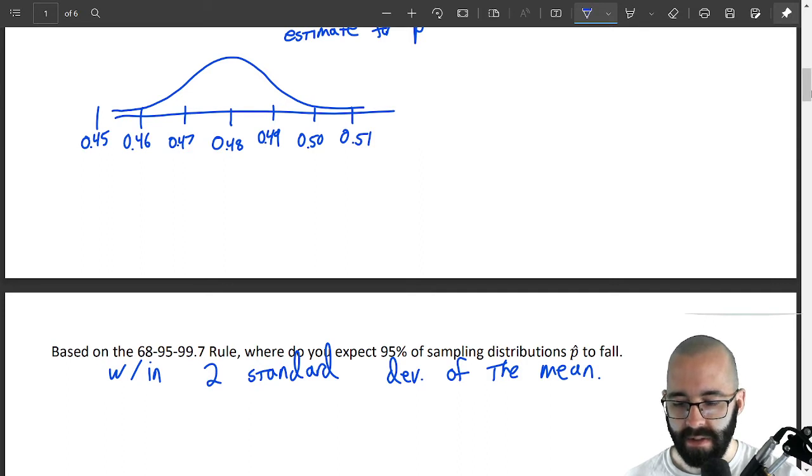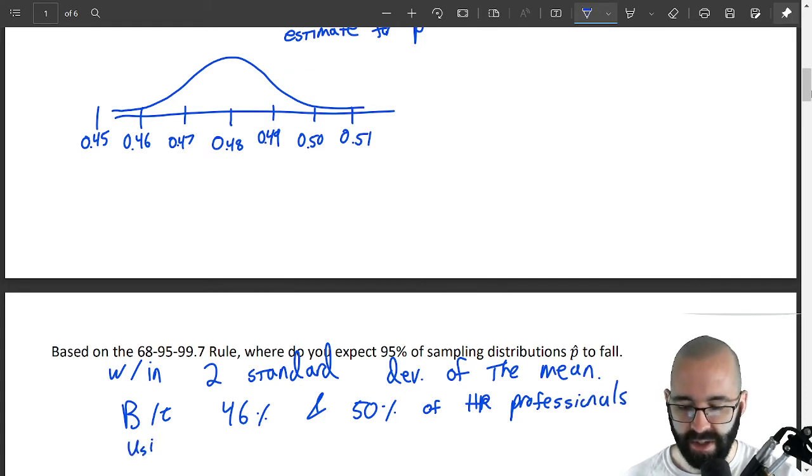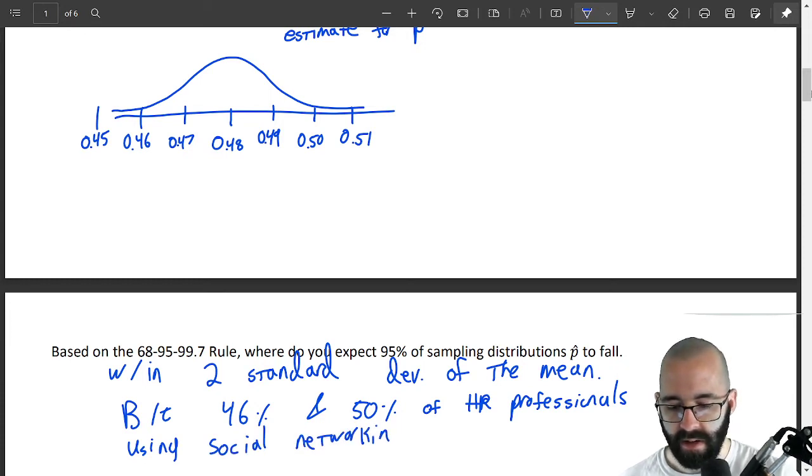Or in other words, between 46% and 50% of HR professionals using social networking sites, etc.